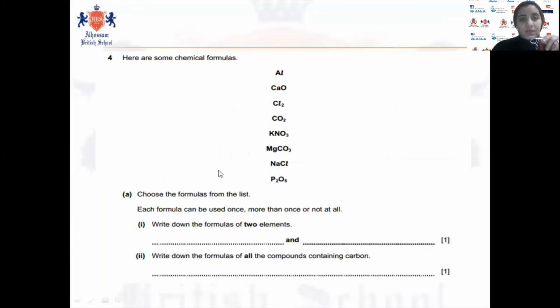We have some chemical formulas. Choose the formula from the list. You can use each more than once, or not at all. Write down the formulas of two elements. Which one contains two elements? The second one, CaO.